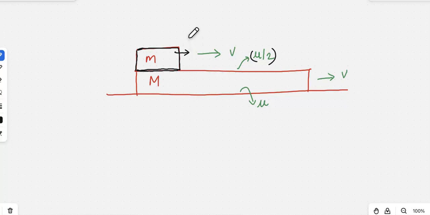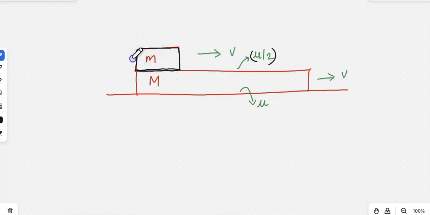But now the question is, if it is going slowly, then it will never separate, right? So what should happen if it has to separate? When there is a separation, that means there must be a slipping, right? So if the slipping is happening for this small m block, that means it is experiencing a limiting friction.